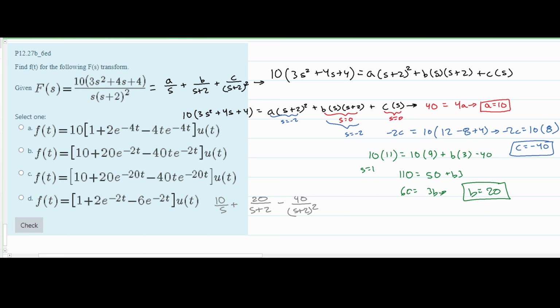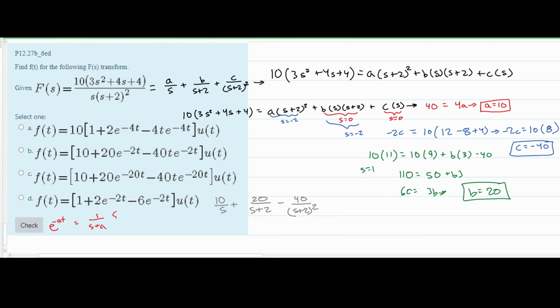Now, if we look at the notes linked below the like button, page 50, section 12.4, function transforms, we are going to see that we have e to the negative a t in the f of t domain equal to 1 over s plus a in the F of s domain. So we can use this for this part and this part, but we can't use it for the last part.